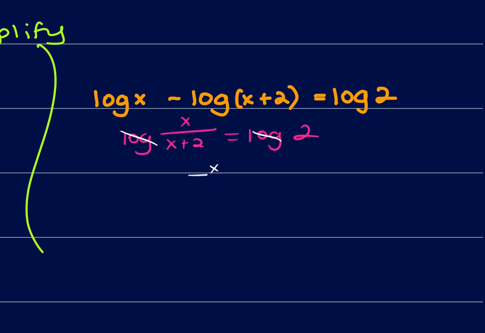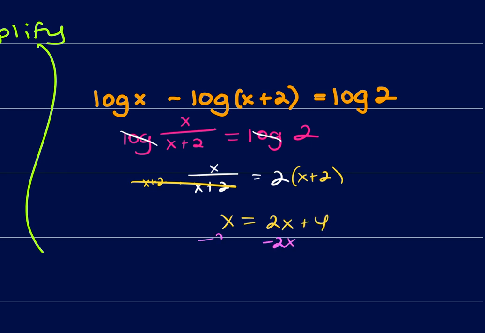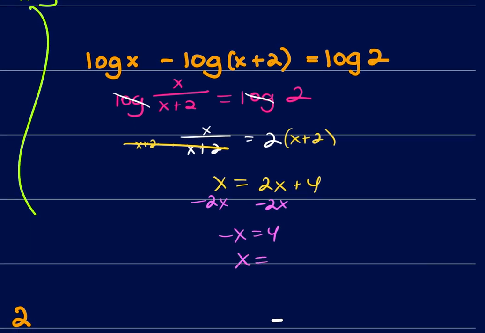And I get x over x plus 2 equals 2. I would multiply both sides by x plus 2 to get it out of the denominator. I get x equals 2x plus 4. Subtract the 2x. Negative x equals 4, and x equals negative 4.